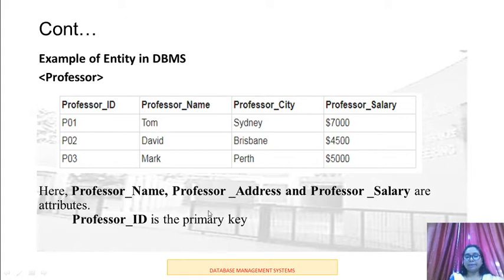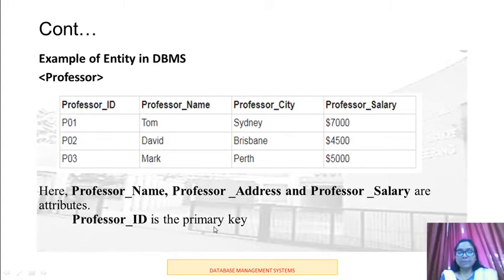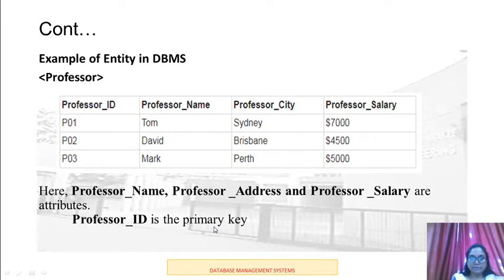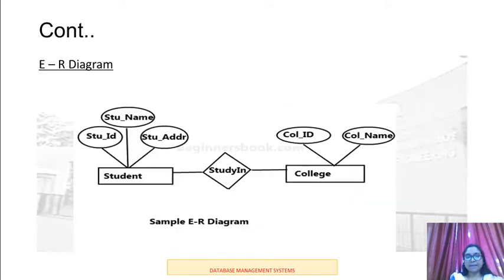The primary key has unique values, because the primary key does not have any duplicate values. So this is your entity and attributes as well as the primary key.